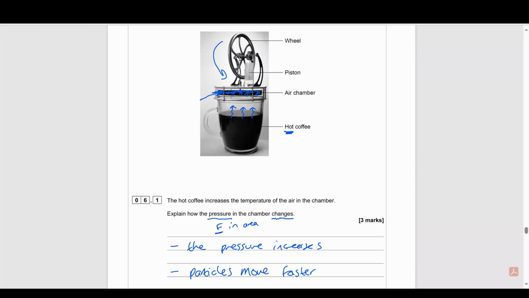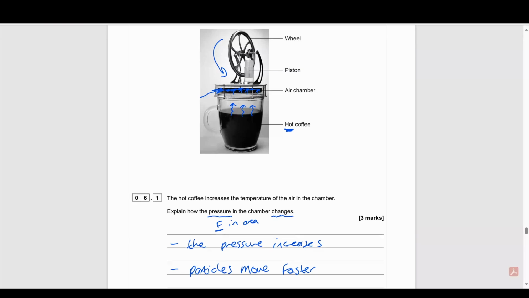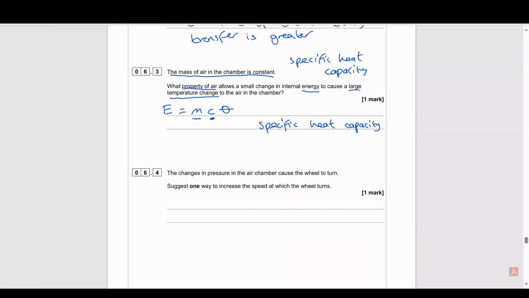So the question is saying, how else could we cause the wheel to turn? Well, we've been discussing temperature, and we said that the temperature could cause an increase in pressure. So if we use a hotter coffee, so increase the temperature of it, that should cause a faster turn of the wheel.